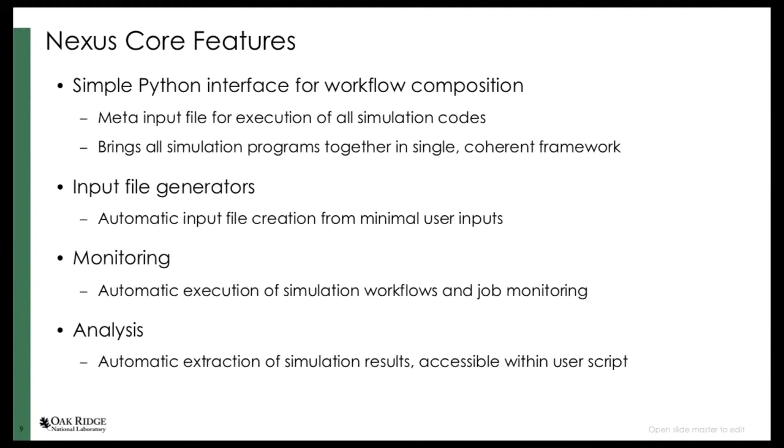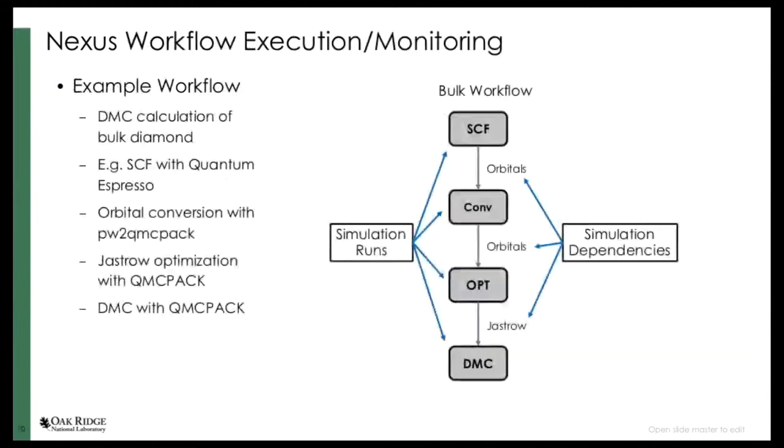It also provides analysis capabilities, so extraction of simulation results that are also accessible within this same user script. This is, I'd say, more relevant for supporting codes like DFT codes and such, whereas with QMC you still spend a lot of time processing with command line tools. It's more complicated to work with due to its statistical nature. So that's more true of those codes.